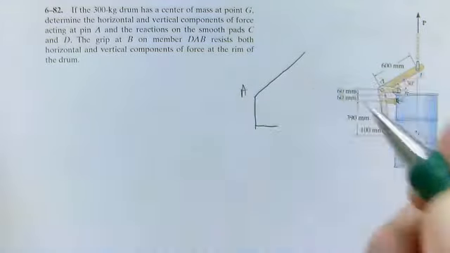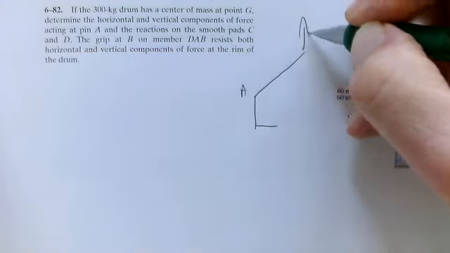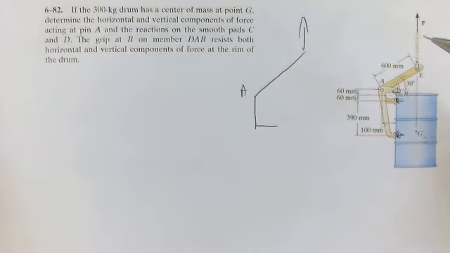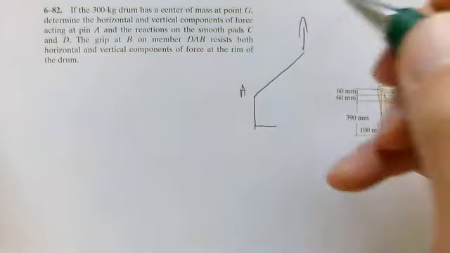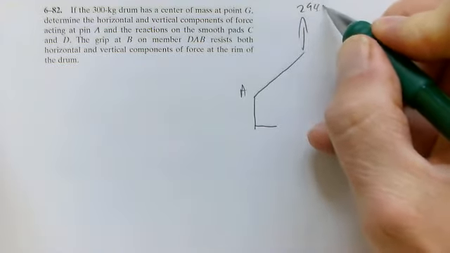So this is point A. We got P up. Now, if we look at the whole object, G is 300 kilograms, which is 2,940 newtons. So this is 2,940 newtons up also. So here we got 2,940.